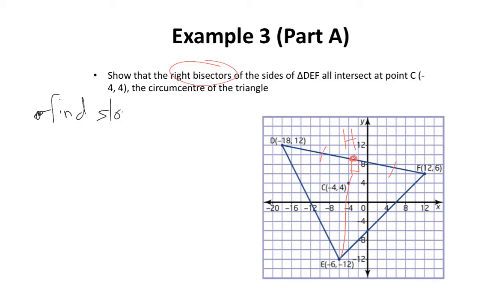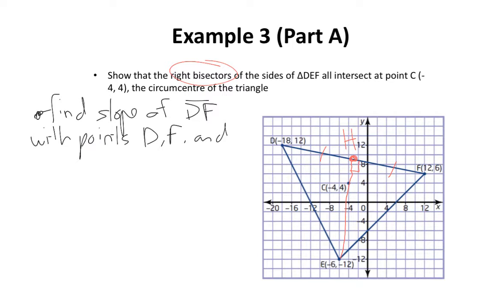Find slope of line segment DF with points D, F, and the slope equation.